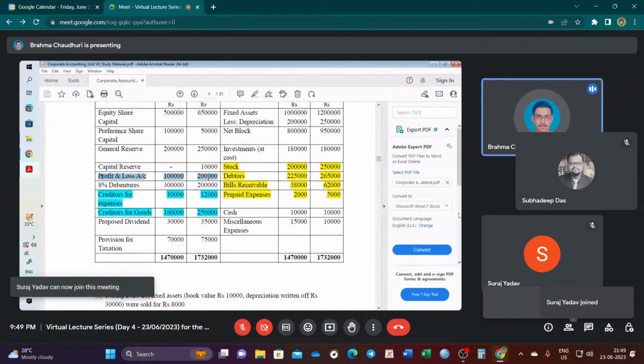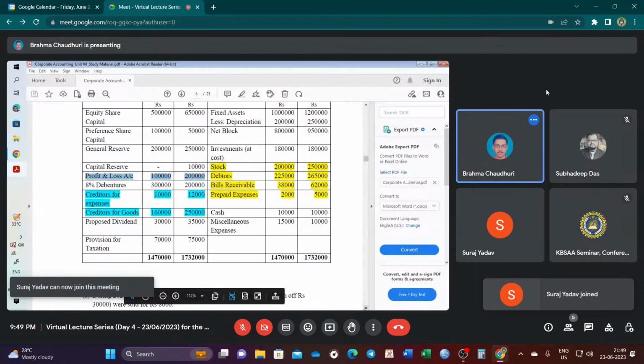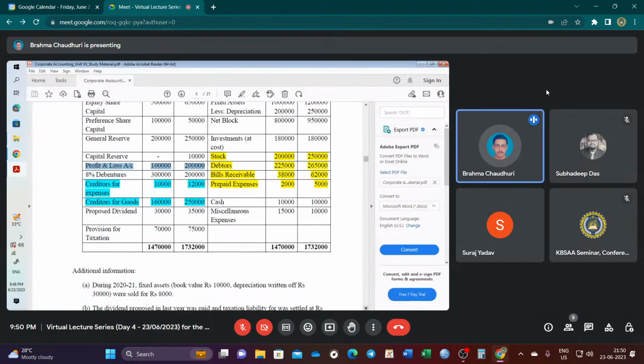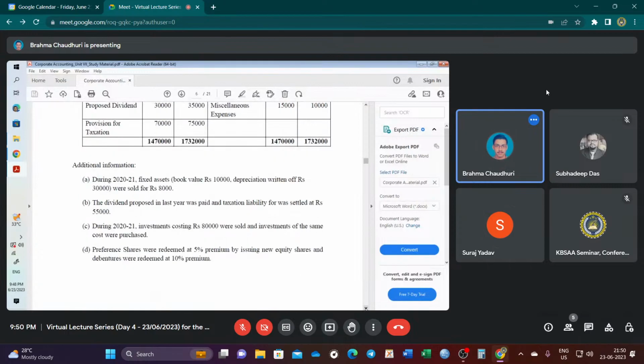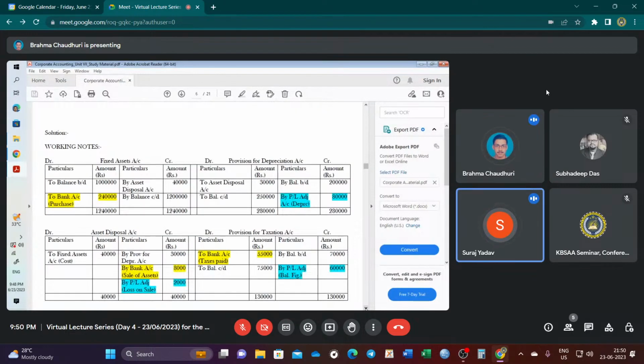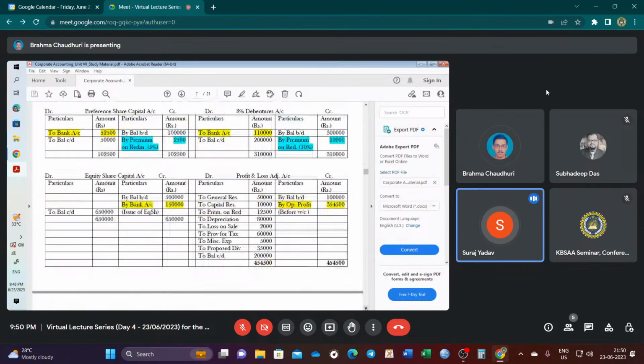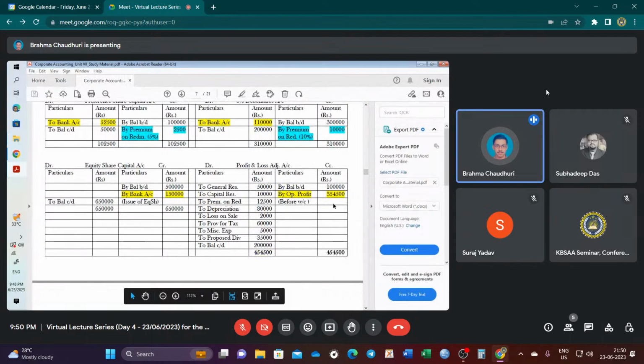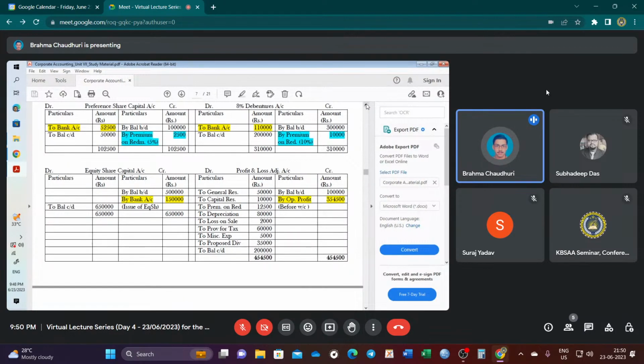So we are preparing this profit and loss adjustment account, and we have already shown the opening balance 1 lakh and closing balance 2 lakh. Now we will solve the ledger accounts one by one.